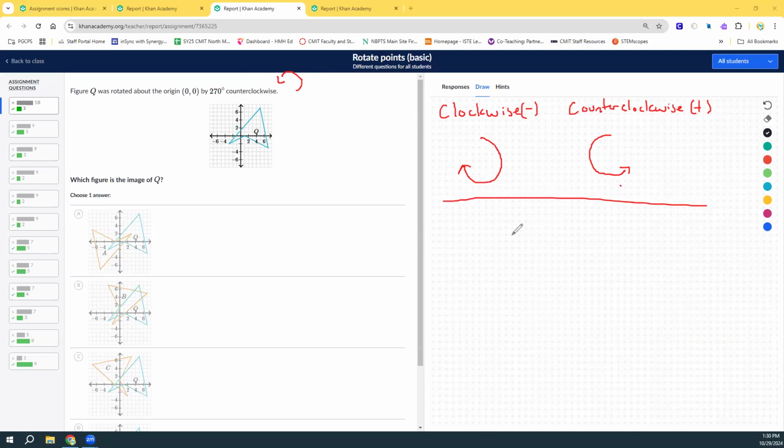The next thing we should have in our notes is 90 degrees. And so I'm going to do the counterclockwise rotation. So if I start from the horizon and I rotate 90 degrees, that would give me right there, right? If I rotate 180 degrees, where would that get me?